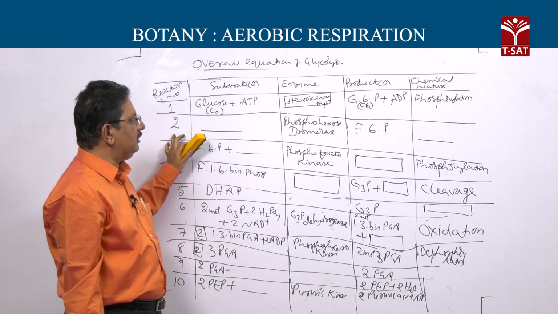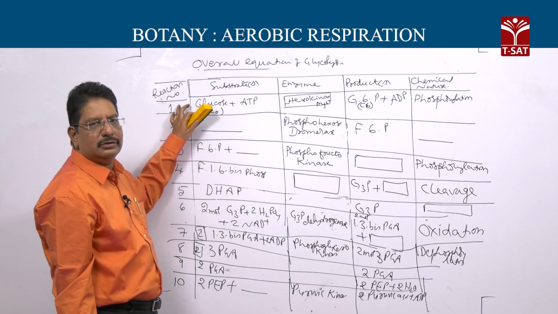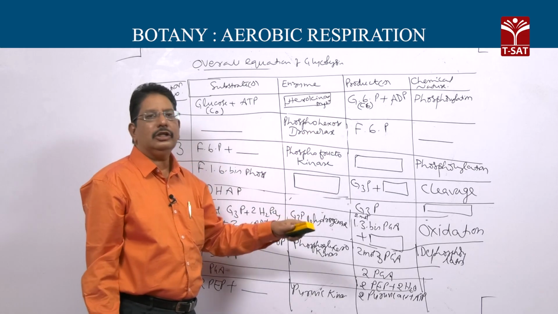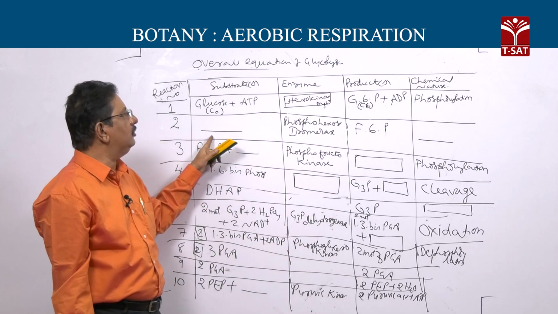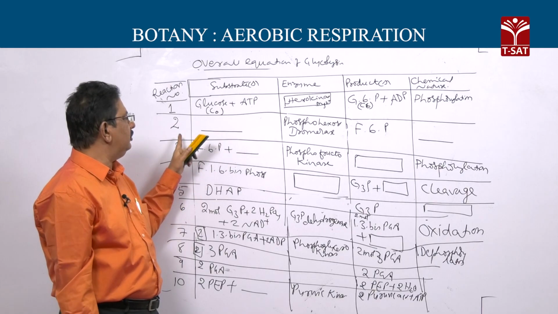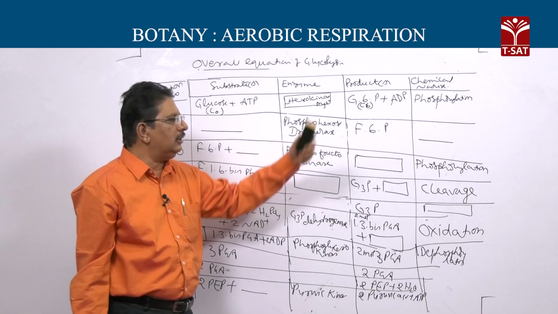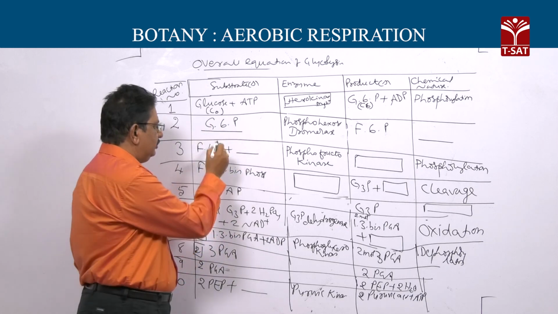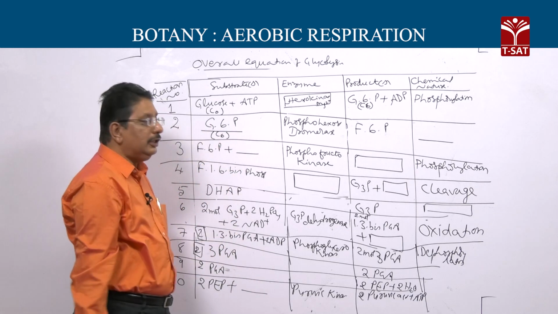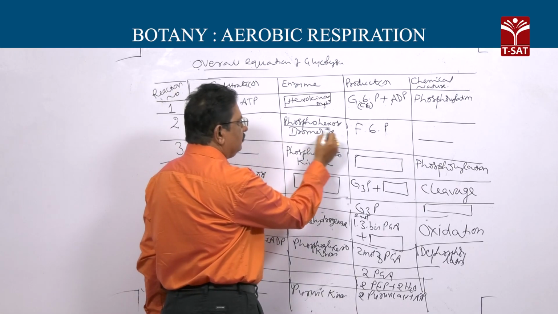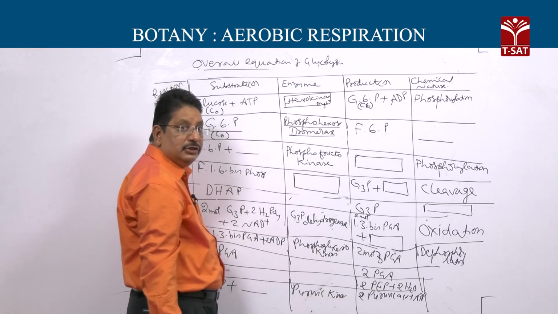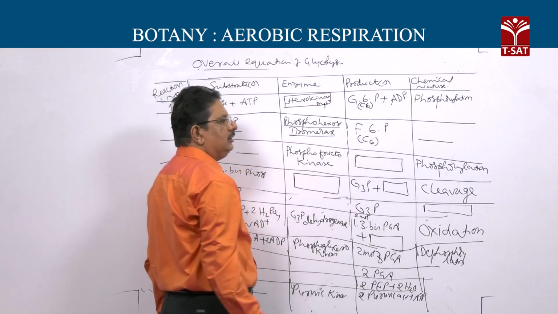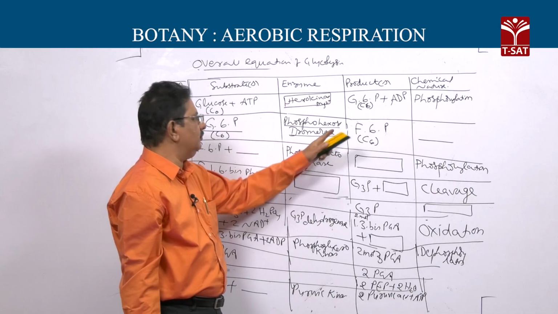Next, coming to the second one. The second reaction occurs after the first. Naturally, in a metabolic process, the end product of the previous reaction is going to be the substrate for the second reaction. So take that glucose 6-phosphate, a C6 compound, in the presence of an enzyme phosphohexoisomerase converts into another hexose, fructose 6-phosphate.